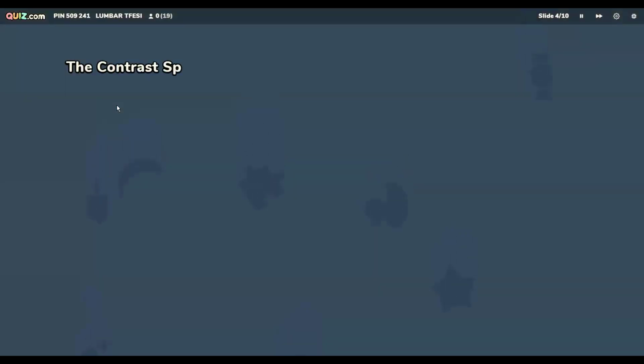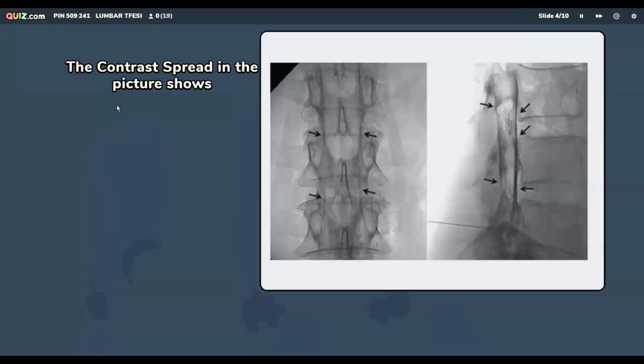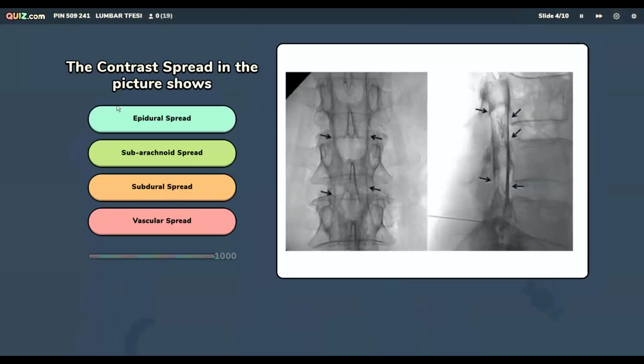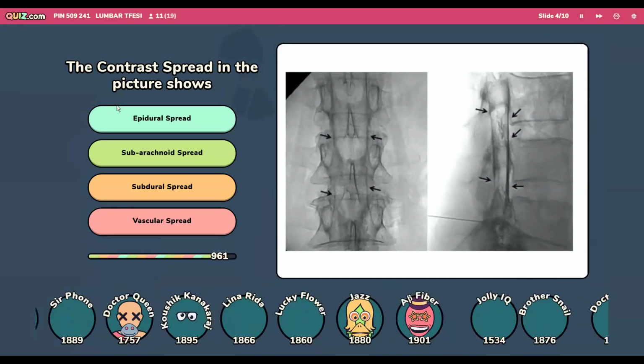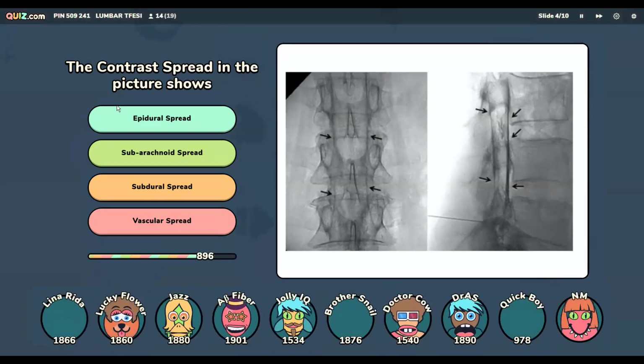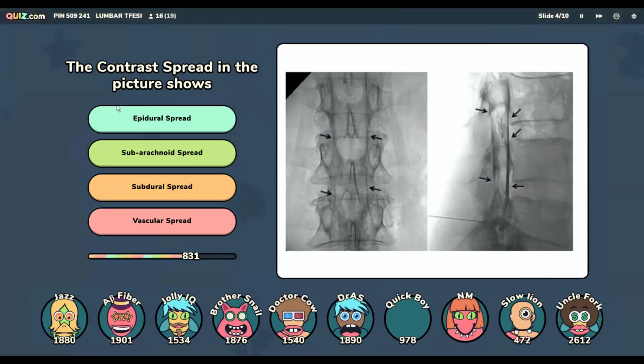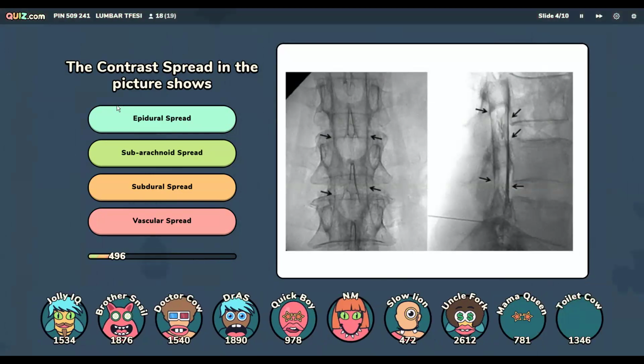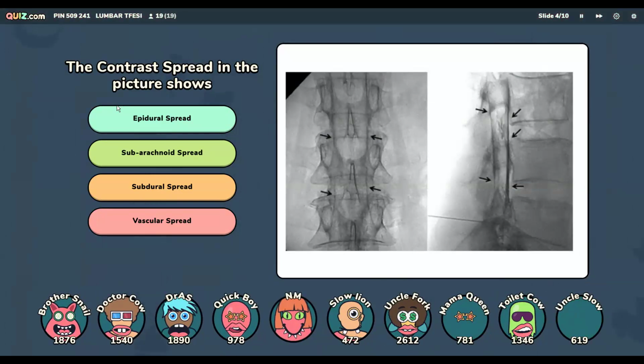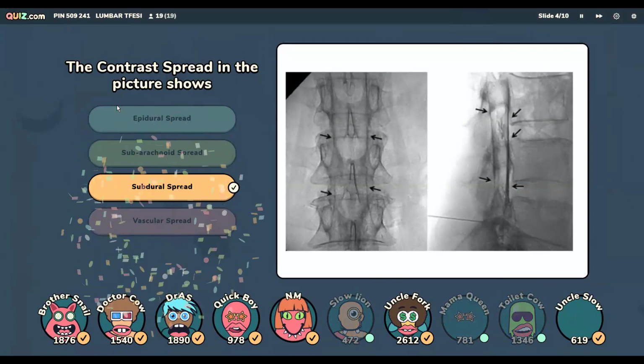The contrast spread in the picture shows subdural spread.